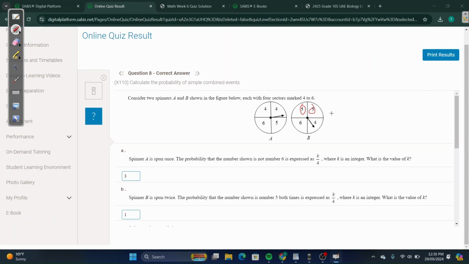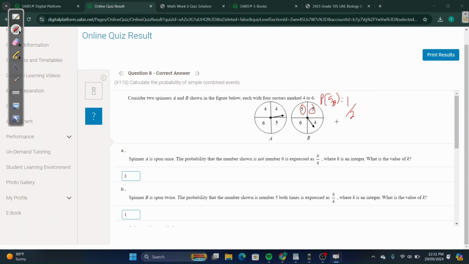So if it's spun once, the probability of 5 on spinner B, I'll write 5b here, is equal to 1/2, because it's 2/4, which simplifies to 1/2. Now you need 5 to be shown when it's spun the first time and the second time.